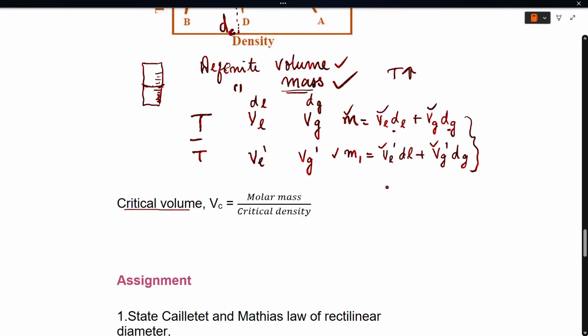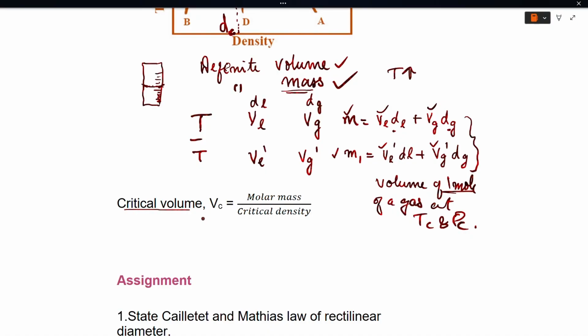Now, you can find out the critical volume. The critical volume is the volume of 1 mole of a gas at Tc and Pc. Okay. So, it is the volume of 1 mole, and therefore, the mass will be the molecular mass.